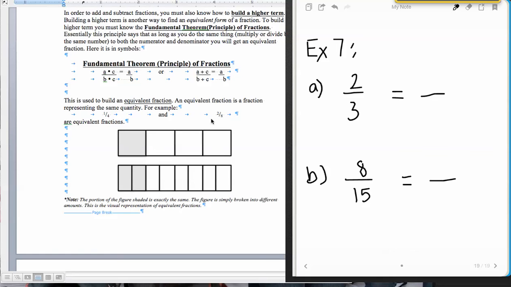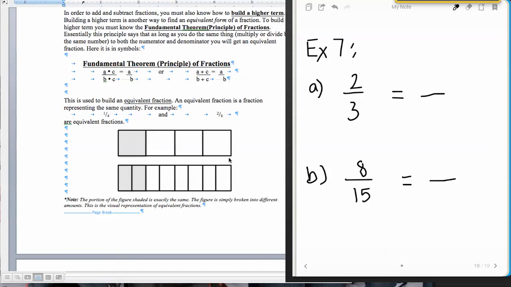Now let's see this visually because we didn't see that before. So to build an equivalent fraction or to reduce to an equivalent fraction, what we're seeing is that we have visually the same representation. 1/4 and 2/8 are exactly the same representation.